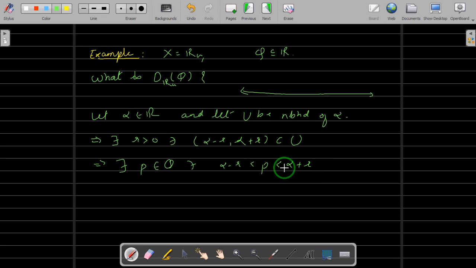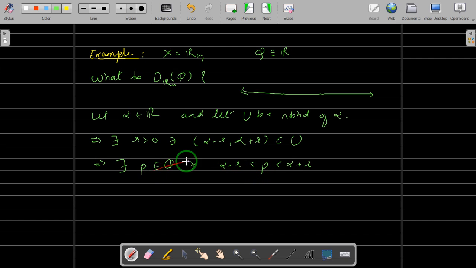Here we are accepting the result that between any two real numbers there exists a rational number. In fact, you can prove that fact. Try to prove that fact.